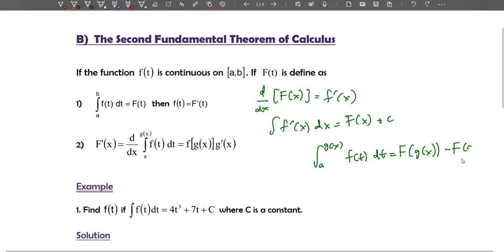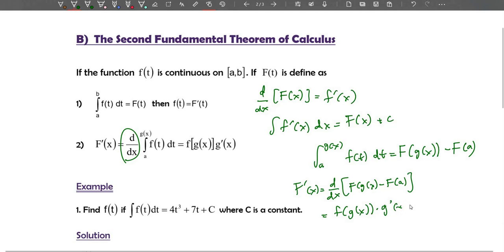Then we differentiate again, so F prime x is equal to d/dx of F(g(x)) minus F(a). Differentiating F(g(x)) gives f(g(x)) times g prime x, the way we differentiate a composition function, and this one would be 0. That's why this is the formula for F prime x.